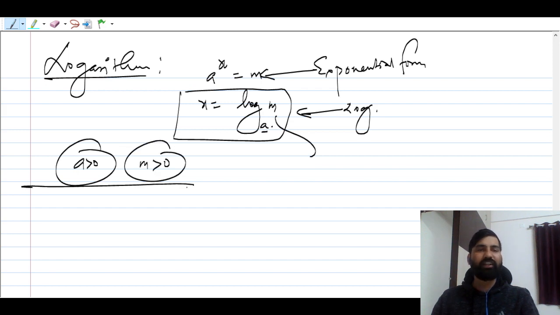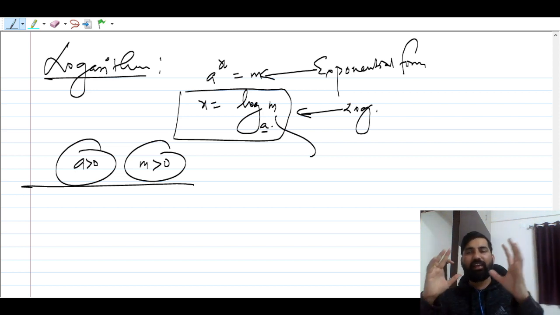So log of a negative number is not defined. That is very important. So a to the power x equal to m is x equal to log m base a. x equal to log m base a is called the logarithmic form, and a to the power x equal to m is the exponential form of the equation, which connects a, x and m.